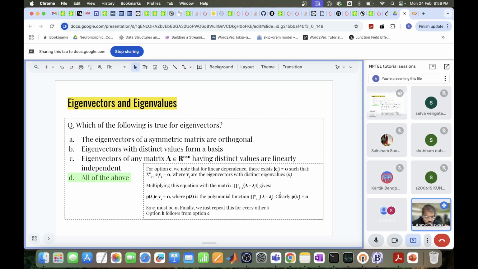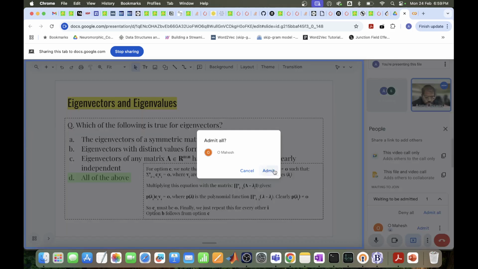And since all of these lambda i's are distinct, p of lambda 1 is obviously not equal to 0, right? Because at no point is lambda 1 represented in this product, which means that you're taking a difference with all numbers that are different from lambda 1, which means that all of the numbers that you're multiplying are non-zero. So the output will also be non-zero, right?